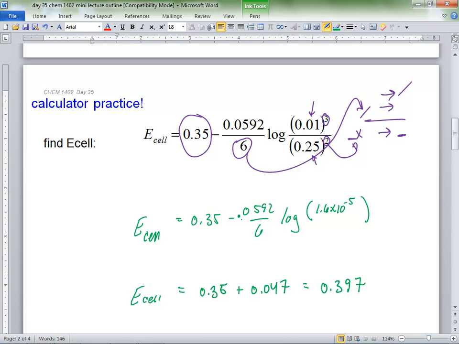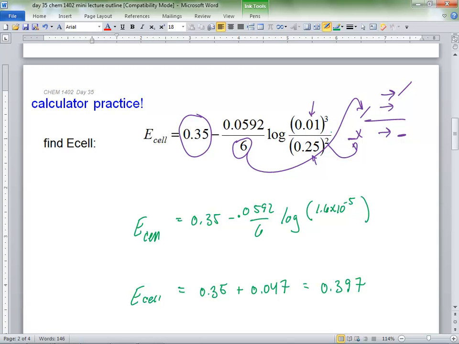Bianca, you got it? No? Where'd you mess up? Okay, 0.01 shift cubed, right? Divided by 0.25 squared equals. So maybe your trouble is in here, right?